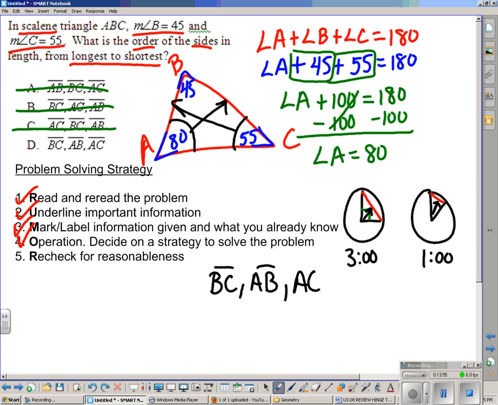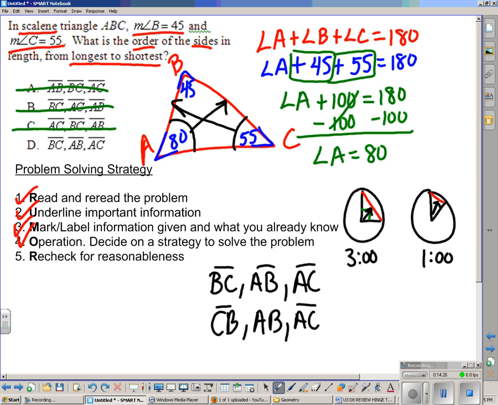If for whatever reason when you were solving the problem, and let's say that instead of writing BC, you wrote CB, don't fret. If you take a look at the triangle, if you put your finger at B and trace over to C, and now put your finger at C and trace over to B, you are tracing over the same exact line segment.